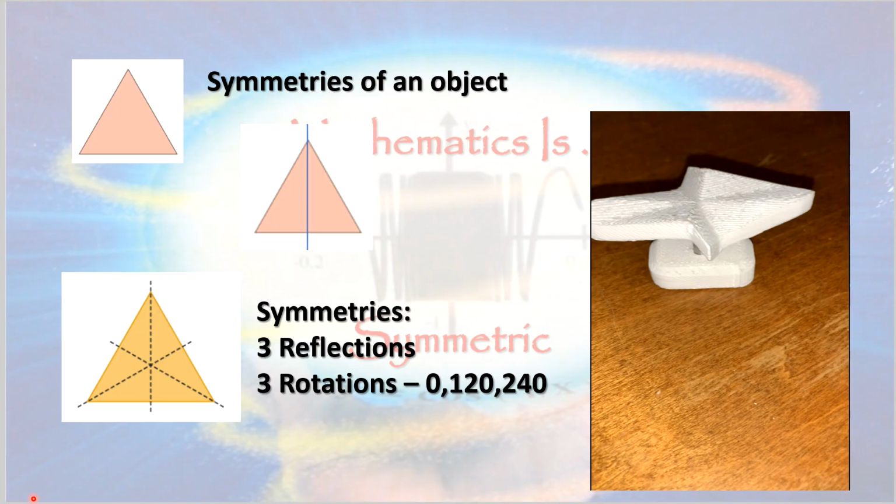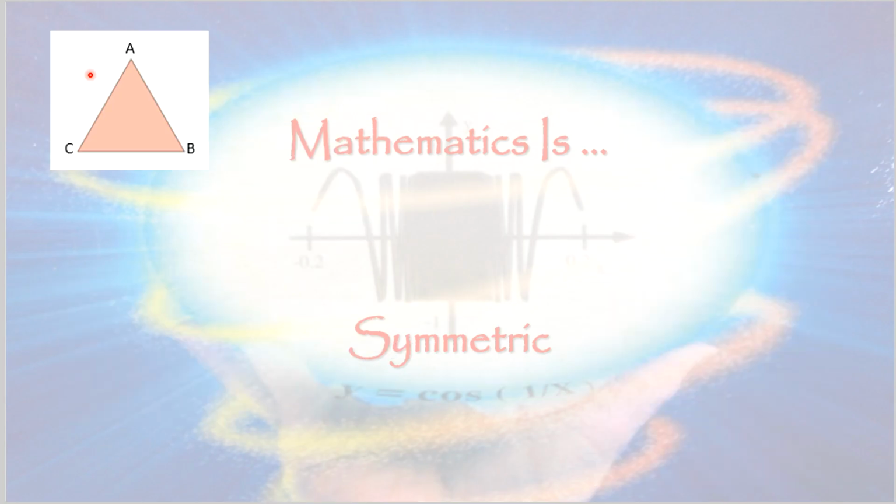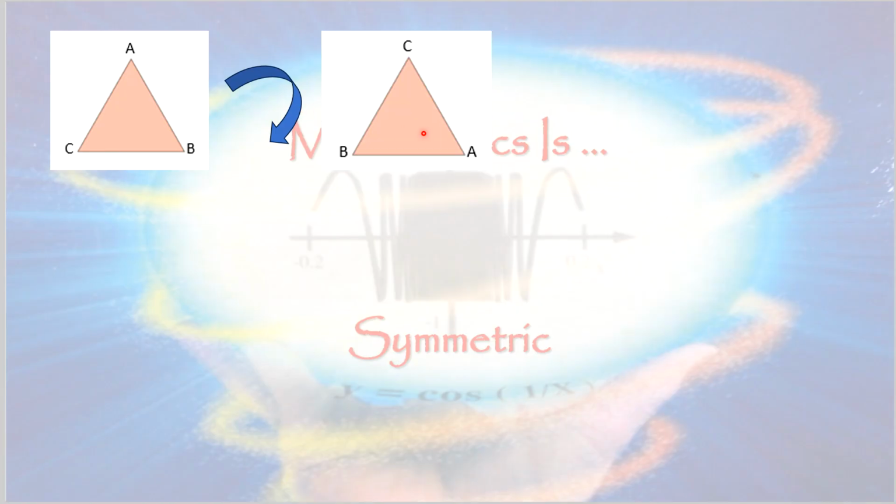If you're thinking like a mathematician, you would question why other symmetries don't count. For example, a 360 degree rotation leaves the triangle exactly the same. Why isn't this another symmetry? We need to be more precise about what our triangle looks like by labeling the vertices with A, B, and C as shown. Starting at the top and going clockwise, this is A, B, C. If we rotate this 120 degrees clockwise, we get the triangle shown.